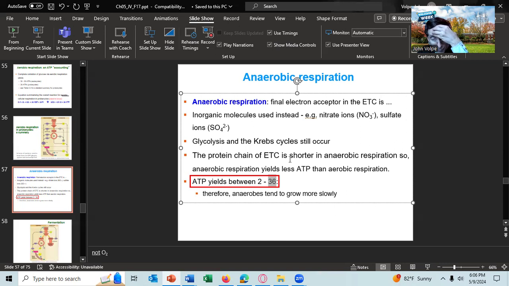I used to know what that was. I think it's the sulfate. Anaerobic respiration, but I might have it backwards. It might be the nitrate. Because anaerobes generate less ATP, they tend to grow slower than aerobes.